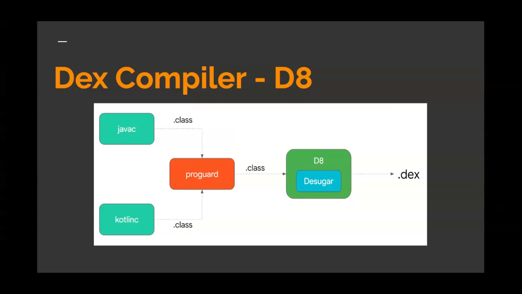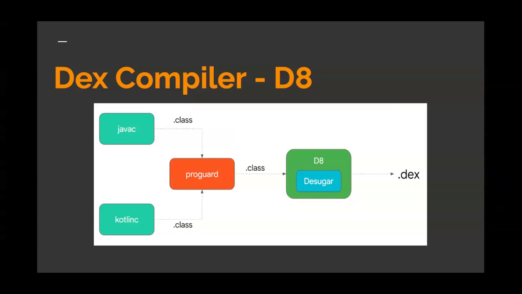Now, to solve the longer build time problem that I told you about earlier, the Android team came up with a new DEX compiler called D8, which was a replacement for the DEX compiler, and it was released as the default DEX compiler in Android Studio version 3.1.0 in March 2018. It was really a great leap ahead in how Java bytecode converts into Dalvik bytecode.